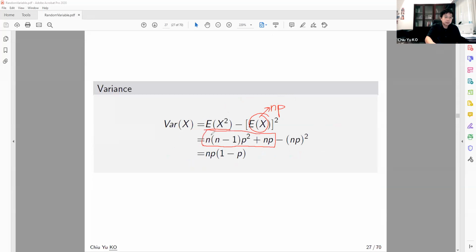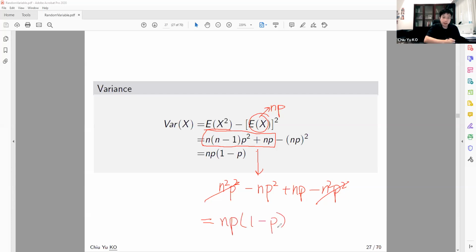Let's expand out. It's n squared p squared minus np squared plus np minus n squared p squared. So this cancels out, and then you can collect terms: np times 1 minus p. So that's how you can prove this is the case.